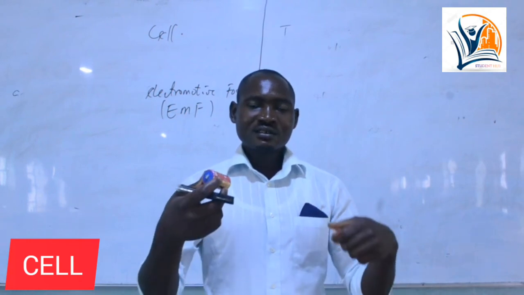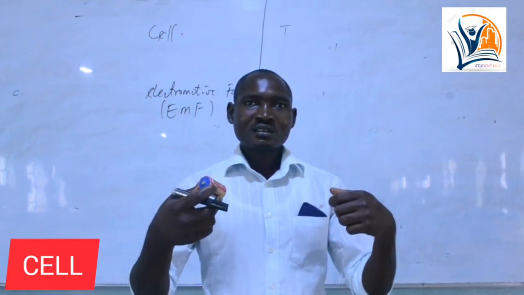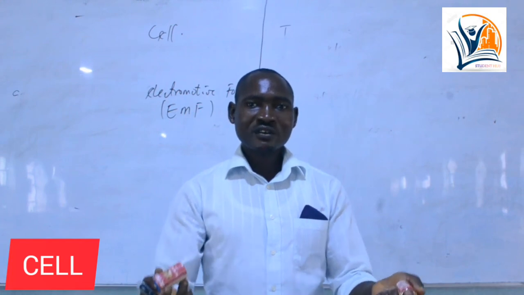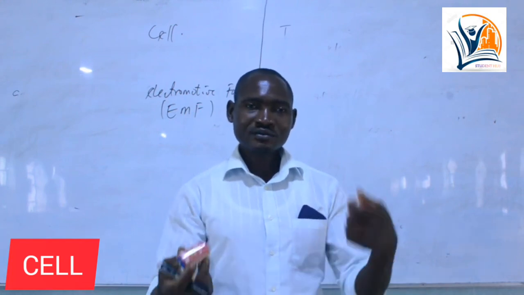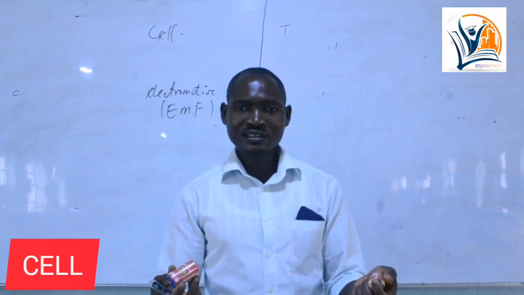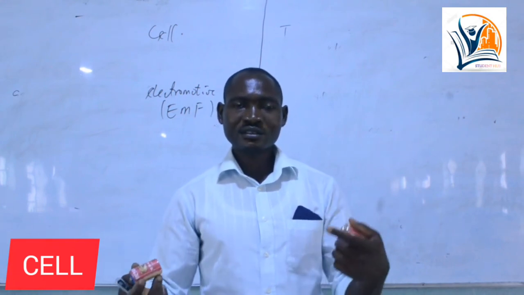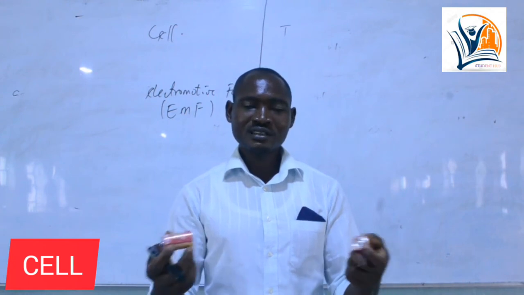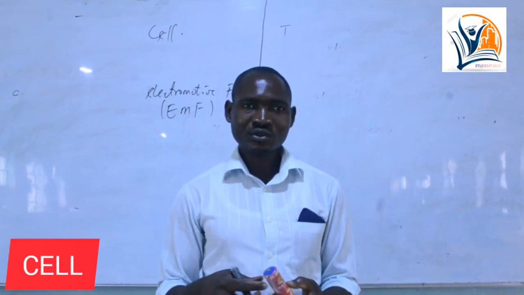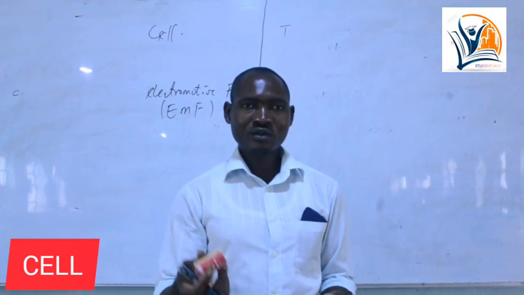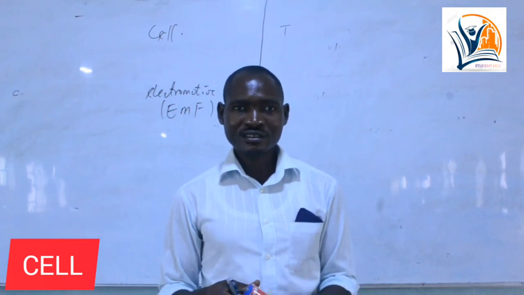Then, why is the EMF of the cell greater than the potential difference of the cell? Because there is voltage drop across the circuit when the cell is connected. So we hope to see more of this in our next class. Thank you.